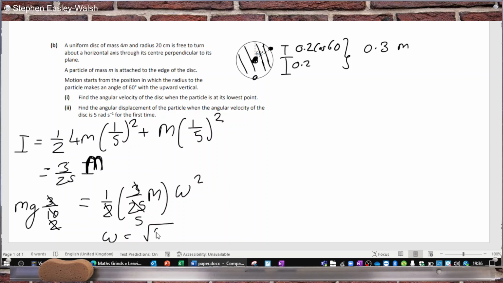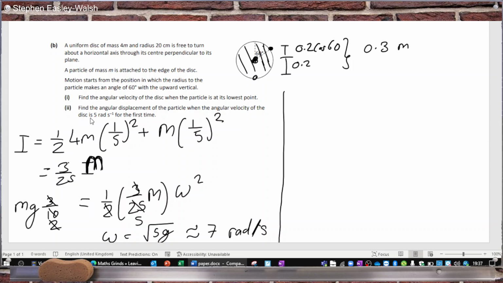Root 5g. What is that? That is 7. Nearly exactly 7, funny enough. 7 radians a second.